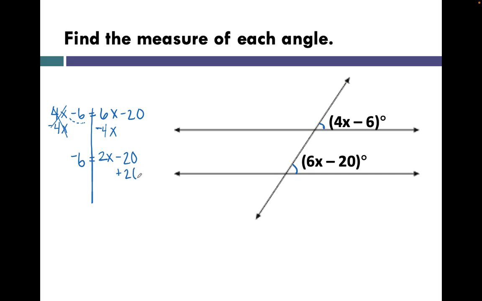From there, I'm going to add 20 to both sides because minus 20 and plus 20 will cancel out, and a negative 6 plus 20 is 14. Finally, since 2 times x is 14, we will divide 14 by 2 to get that x equals 7.